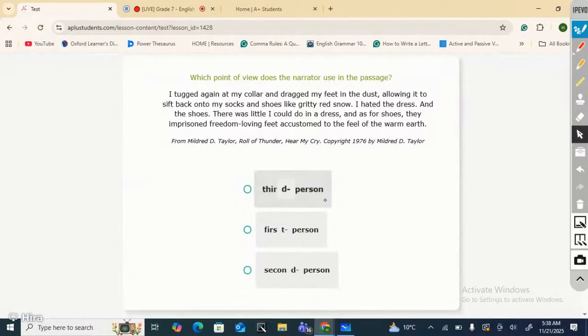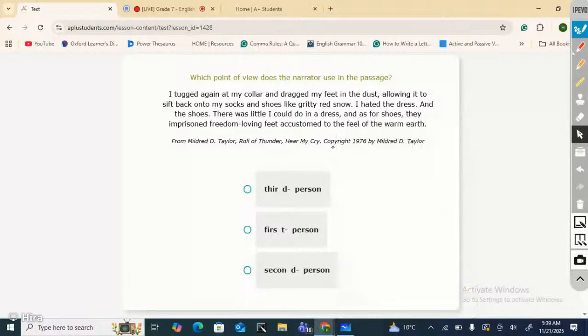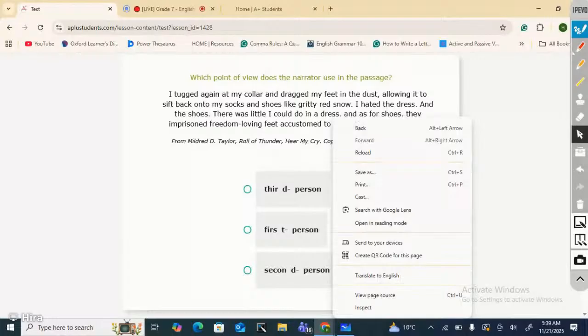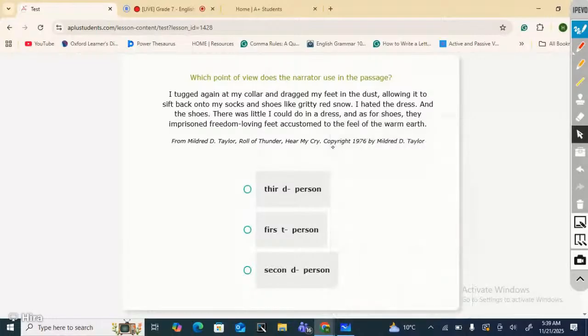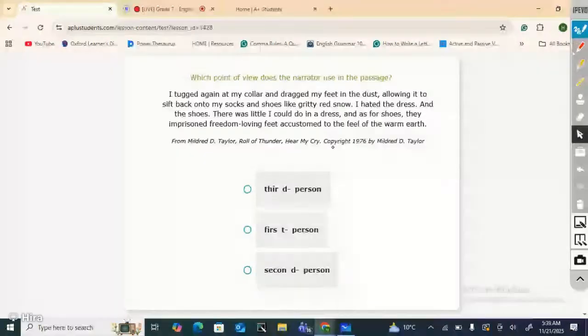It's easy to guess. Is it third person, first person, second person point of view? I, my, these words are used.